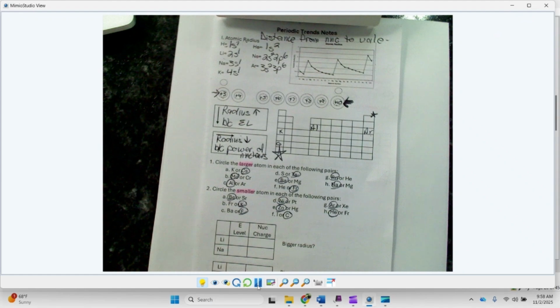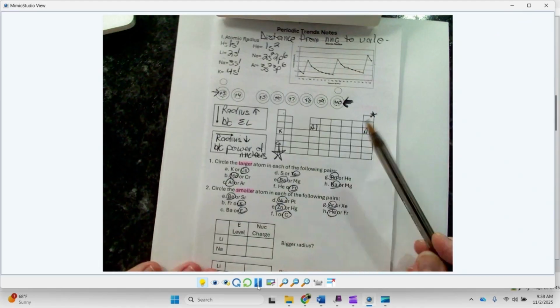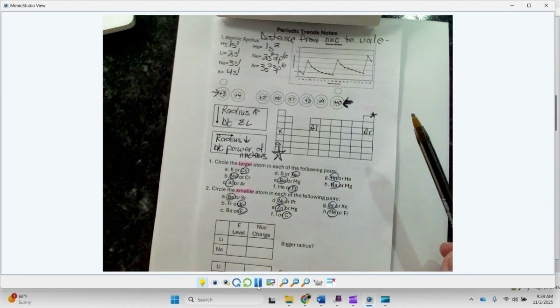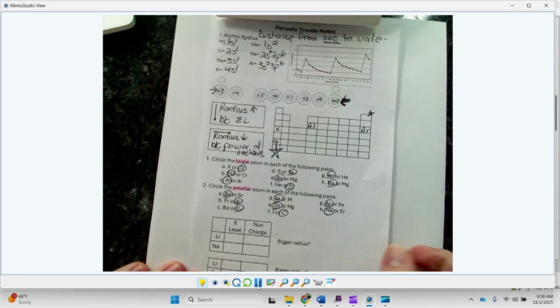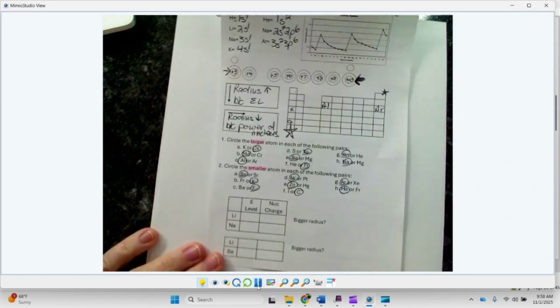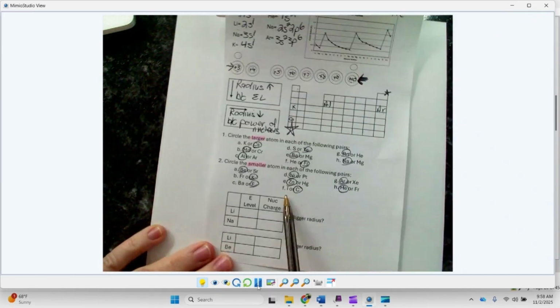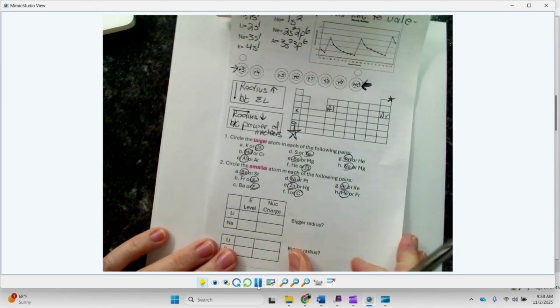So here are my answers for these trend questions about radius. Most of them were either in the same family or the same period. But if you get some that are sort of a diagonal kind of question where you have both different periods and different families, you have to think about which one would have a bigger effect. An example there would be F, which had us comparing iodine and carbon.